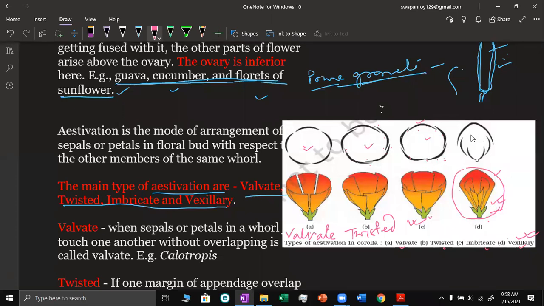They have one very big posterior petal, this one, called vexillum or standard.